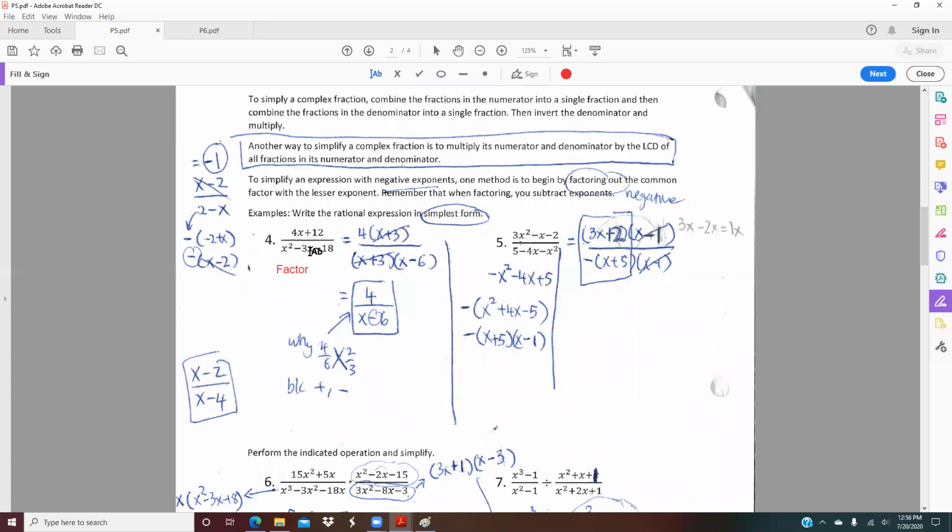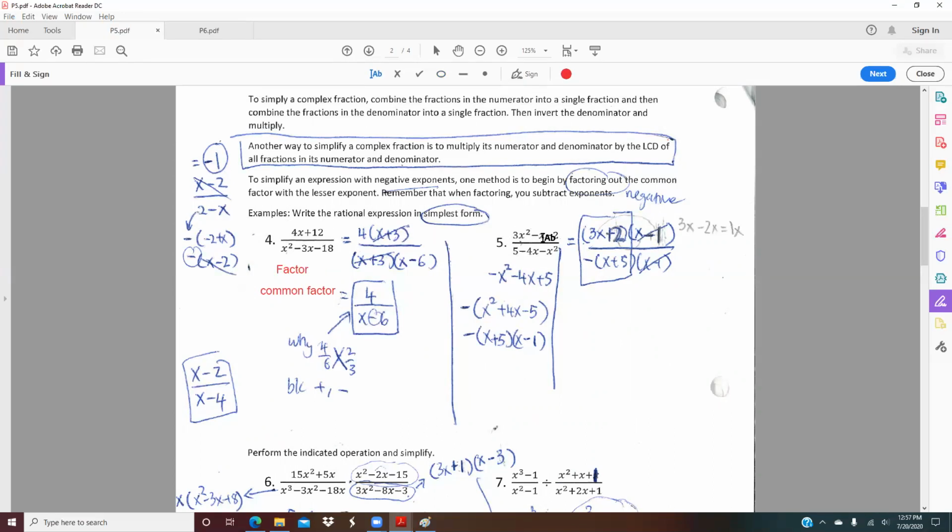And then x squared minus 3x minus 18, this is a trinomial factor. For 18, the factors are 3 and negative 6. Because I want to get a negative 3, one is positive, one is negative. So when you add this, you get negative 3. So you get x plus 3 and x minus 6. And then you cancel the common factor. Any common factor that you have, you cancel it. And then the leftovers, 4 and x minus 6, will be your answer. This is how you do a question like this.